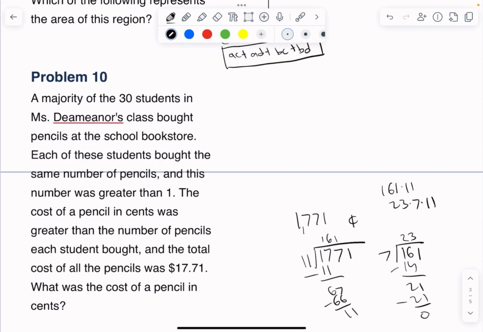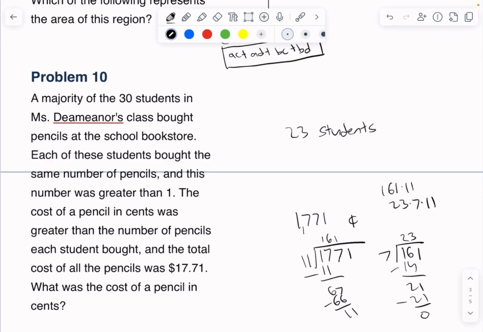One of these three numbers represents the number of students in the class that bought the pencils, how many pencils they bought, and the cost of the pencils. The number of students has to be a majority of 30 students, so it can't be 7 or 11, so it has to be 23. So we know there are 23 students.